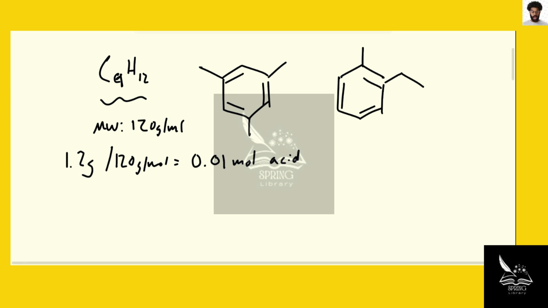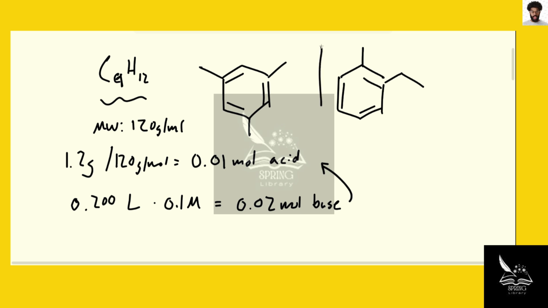Now, in terms of neutralization, they told us it took 200 mL, or 0.200 liters, of sodium hydroxide, or base, at a concentration of 0.1 molar. So it took 0.02 moles of base to neutralize our acid, which tells me that every acid molecule we had must have had 2 distinct OH groups, or carboxylic acid functional groups.